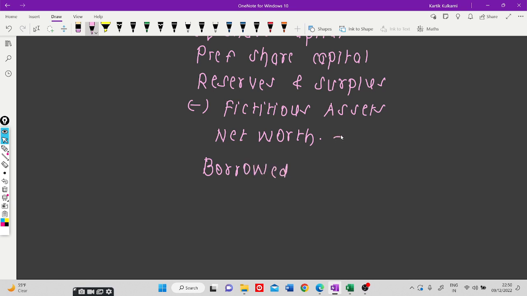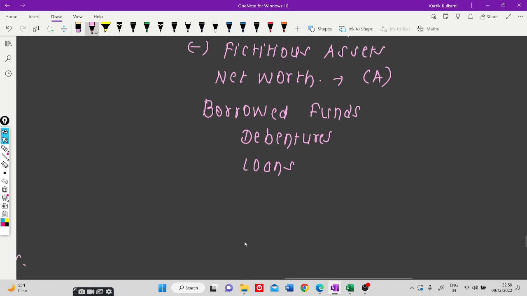We will call net worth as A, borrowed fund, which will include debentures and loans, long-term loans which may be secured or unsecured. So let's call the total of these two as B.